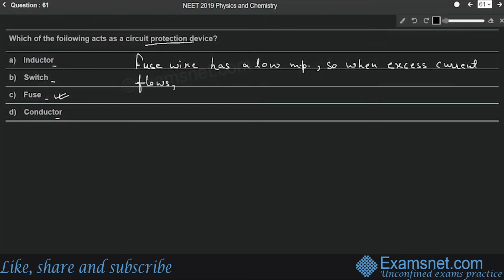See, this current passes, then heat increases, right? So due to heat production in the wire, it melts, and this way it protects the other devices. Okay, so option C will be the correct answer.